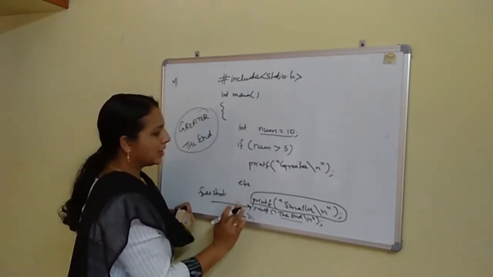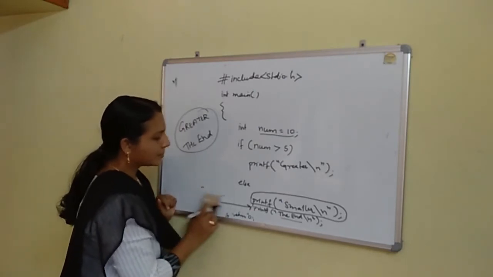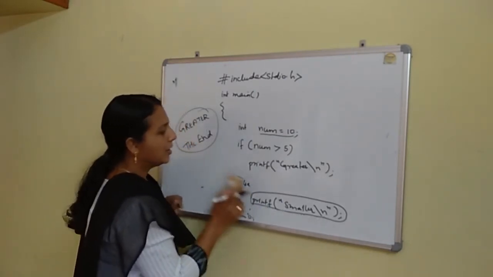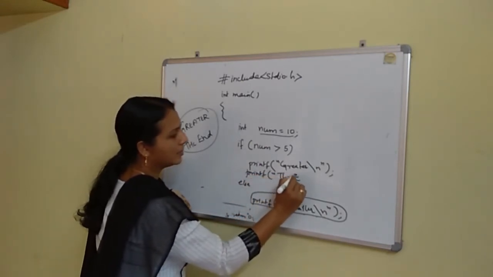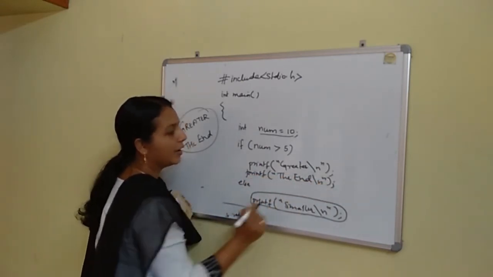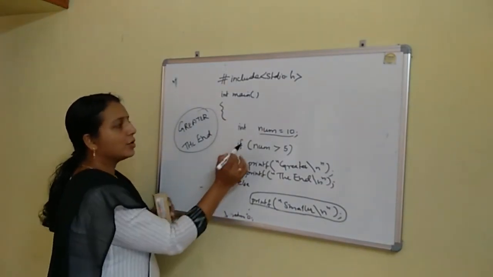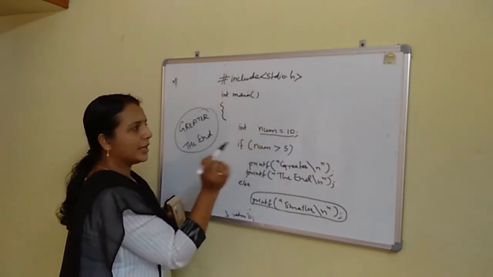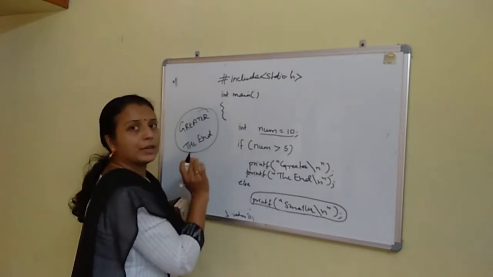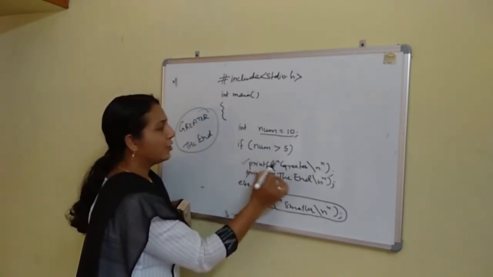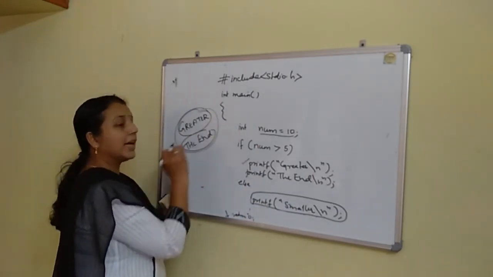But suppose this is reversed. Suppose we put this statement here, printf the end. What happens? You will find an error. When num is equal to 10, num is greater than 5, the condition is true, you will get greater, and printf the end, you will get the end also.